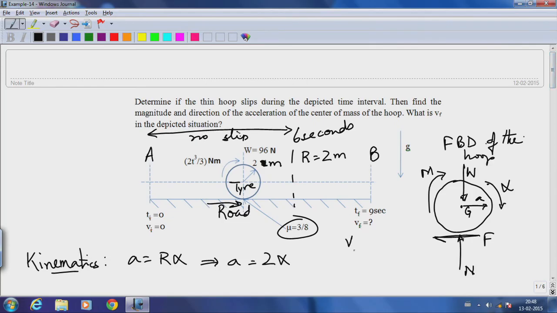So, the final velocity at 9 seconds is 16.2 meters per second.